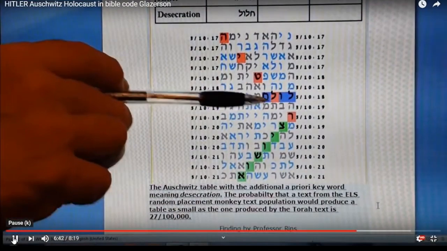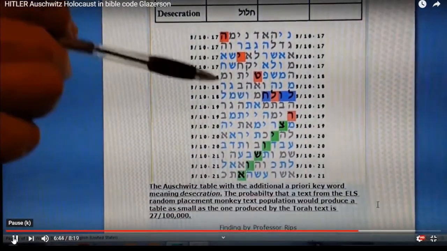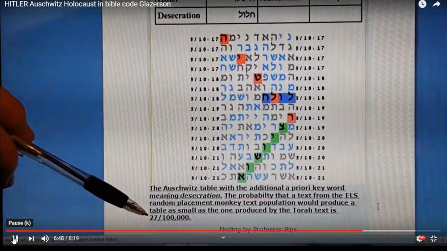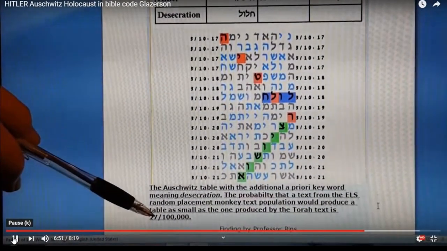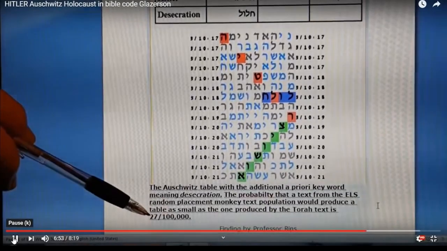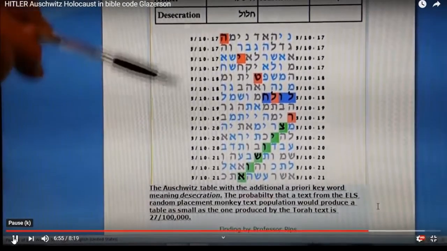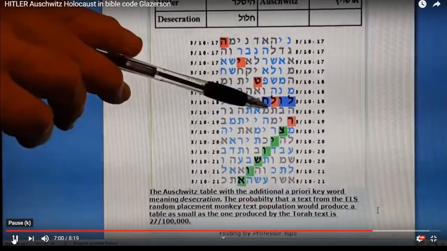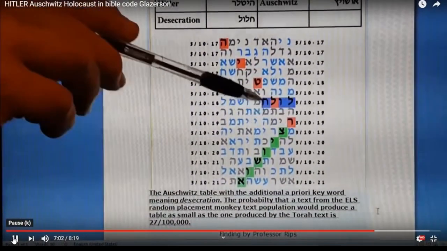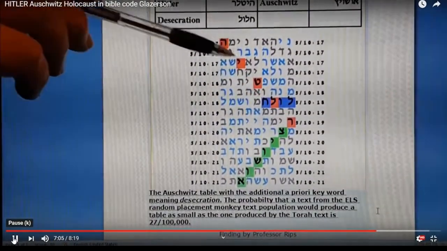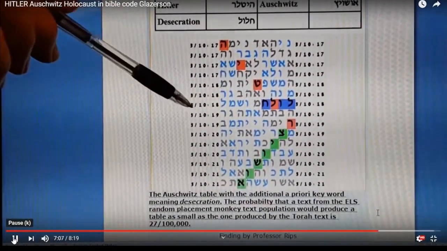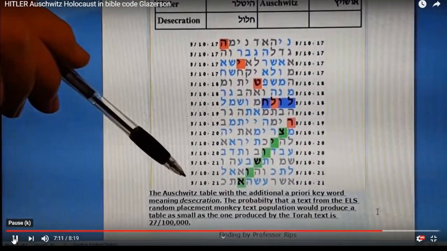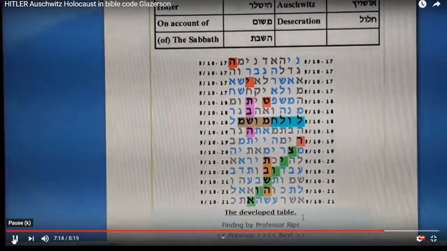So the desecration was like the key to this terrible Holocaust. Amazingly, Professor Haralick also found that the statistic is 27 in 100,000, which is 2.7 in 10,000, which is very high. But amazingly, as we said, Professor Rips found the word chilul exactly in this place, in the center, which fits very much with the explanation of our rabbis that this was really the key to the terrible Holocaust and the troubles the Jews went through.